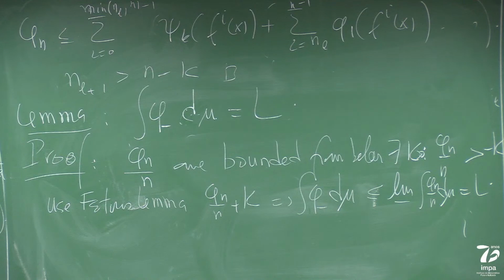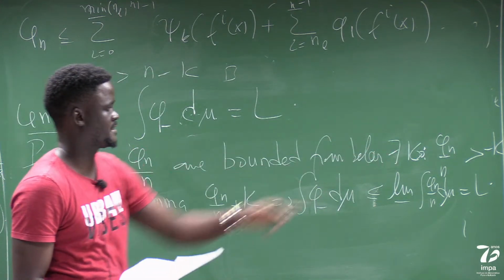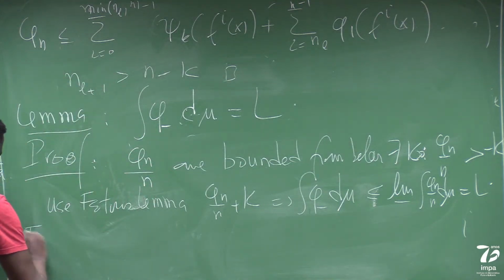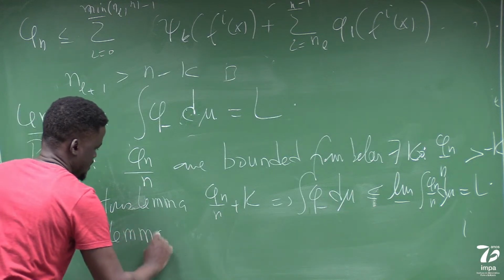Now the main part is the other inequality, and it is using the key lemma, as I said here. So from the key lemma, what do we have?